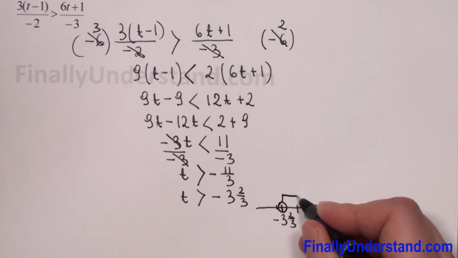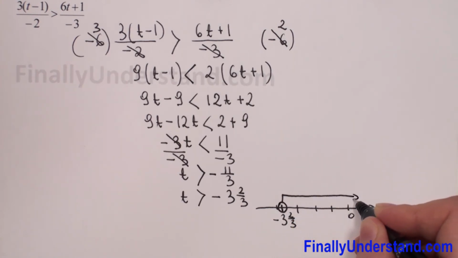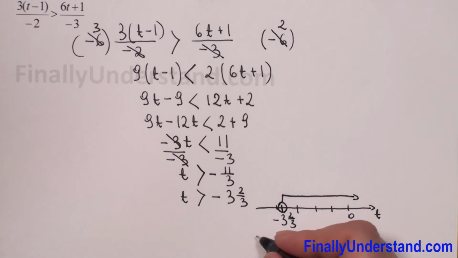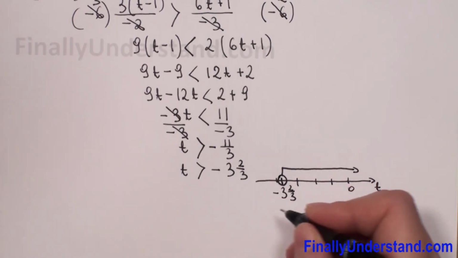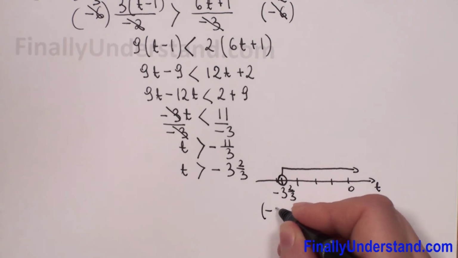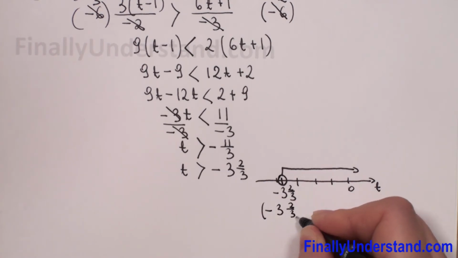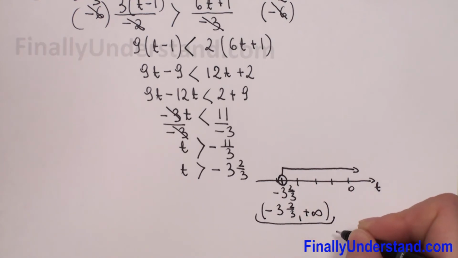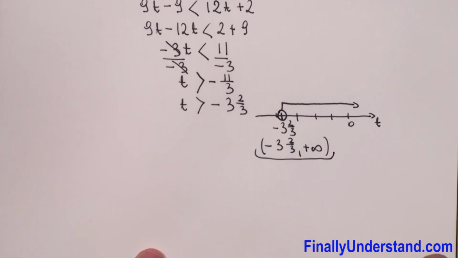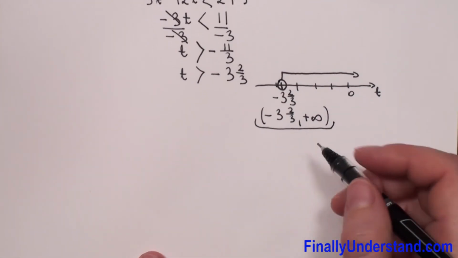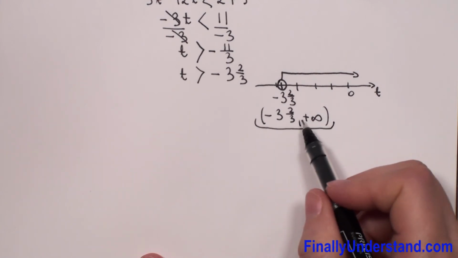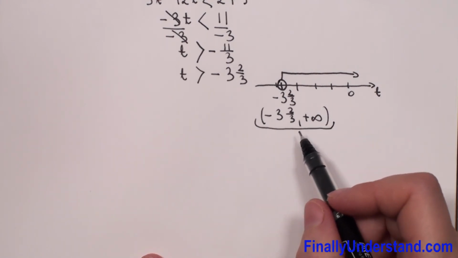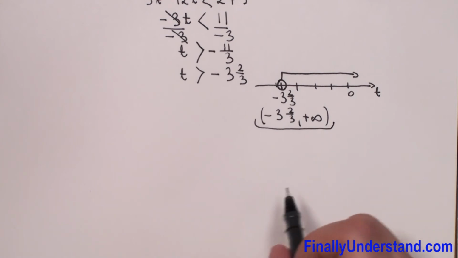And t is greater, it means we are going to positive infinity. So our interval will be from negative 3 and 2/3 to positive infinity. This is our solution.